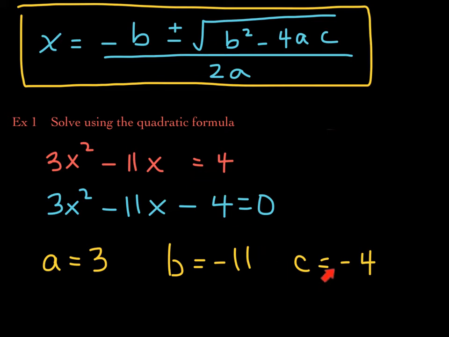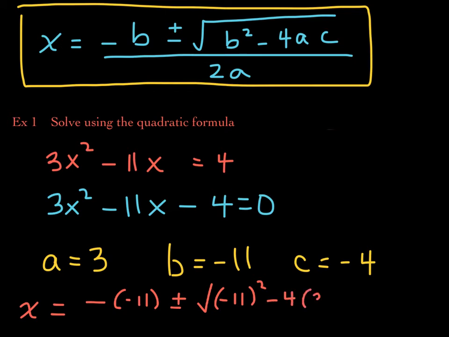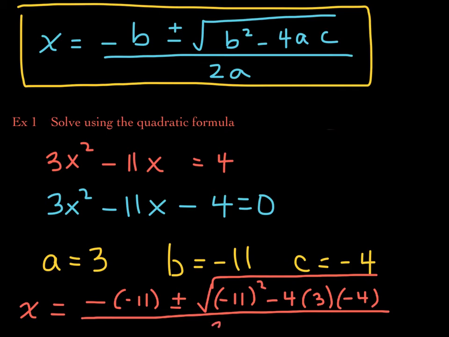Now let's plug in these three numbers into the quadratic formula, okay? So here we go. X is equal to the opposite of b plus or minus the square root of b squared, use parentheses, minus 4 times a times c. Now, please don't forget that this is all over, that's very important, 2 times a.